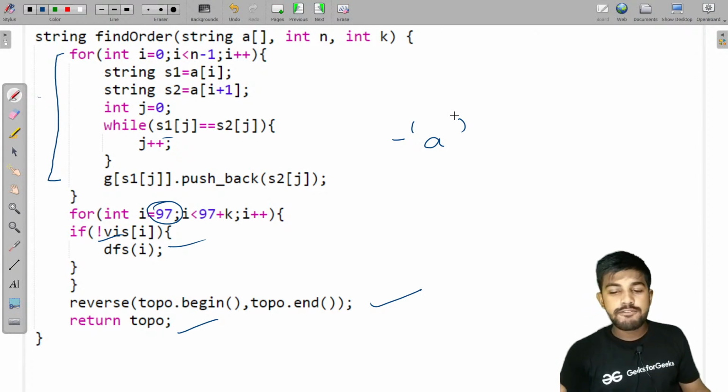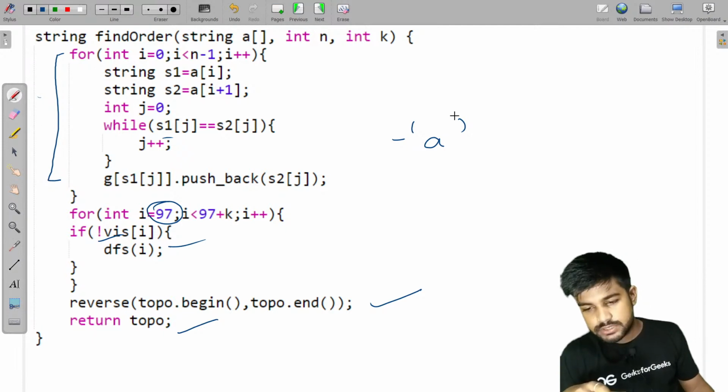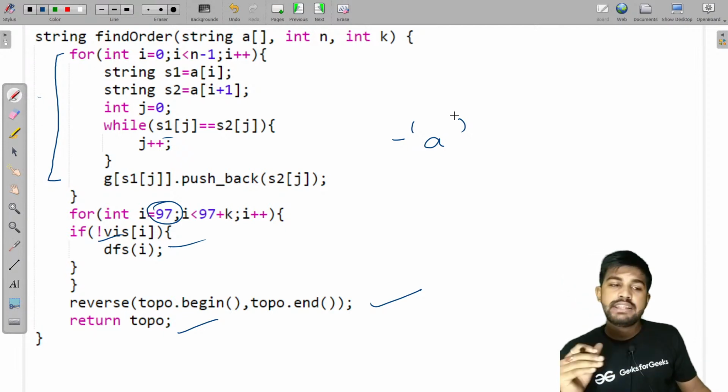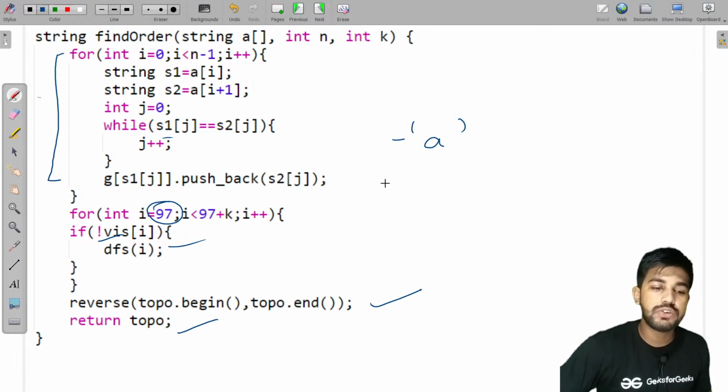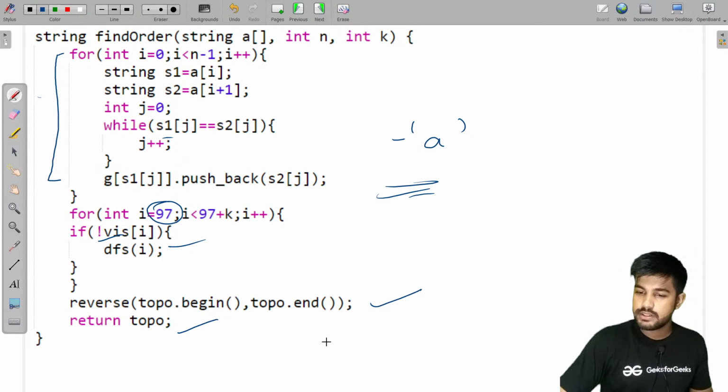If you give this approach to the interviewer and have successfully implemented it, the interviewer would tell you to do space optimization, and then you would simply take advantage of subtracting the ASCII value of A itself. Good to go. So that is it.